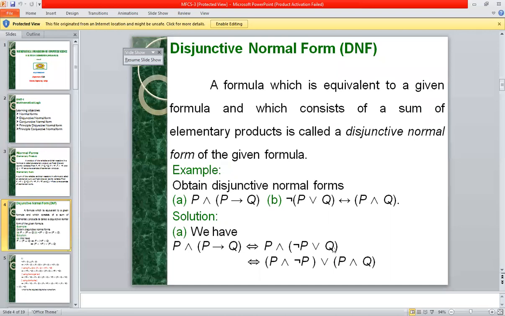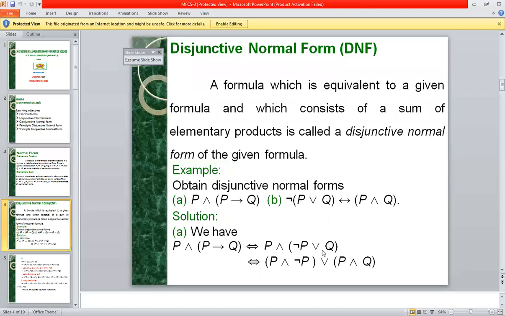Here outside the parentheses we have the and symbol and inside the parentheses we have the or symbol. So then we apply the distributive law. What is the distributive law?